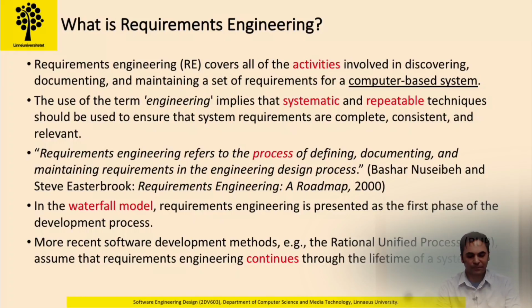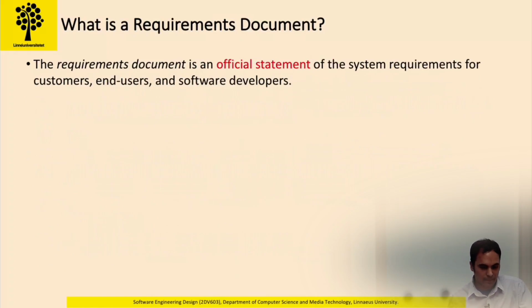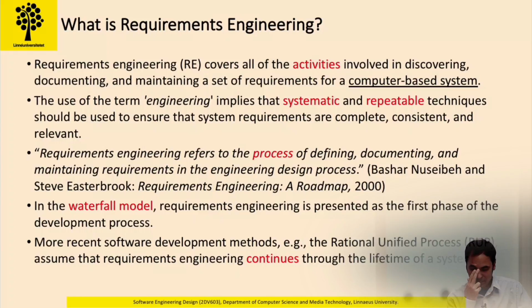So as I mentioned before, software requirements engineering is done basically in the early stages of the waterfall model, but in recent software engineering methodologies, there are practices where requirements are continuously evolving. For example, the Rational Unified Process, RUP, where you start with a requirement in your mind, you write it down, you develop it, you test if the requirement is working well, and you continue with other requirements in the same way, maybe parallelly, but at the same time those requirements might evolve.